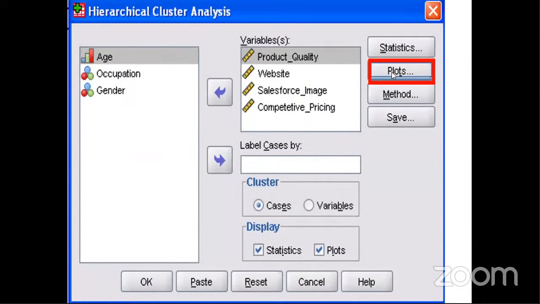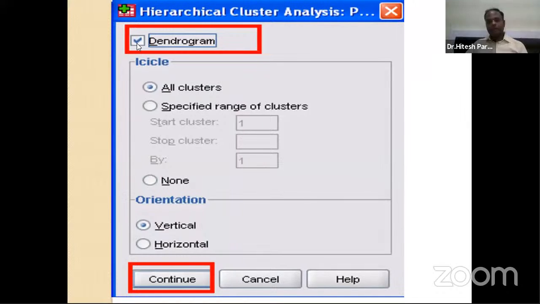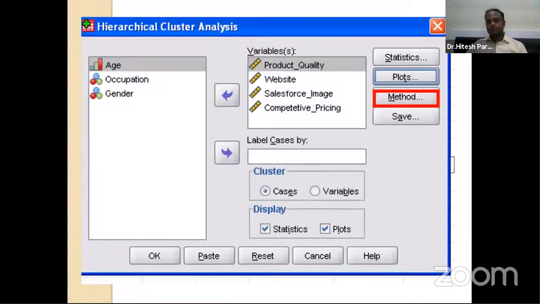Click on Plots. Give a tick mark to Dendrogram and continue. Click on the method.